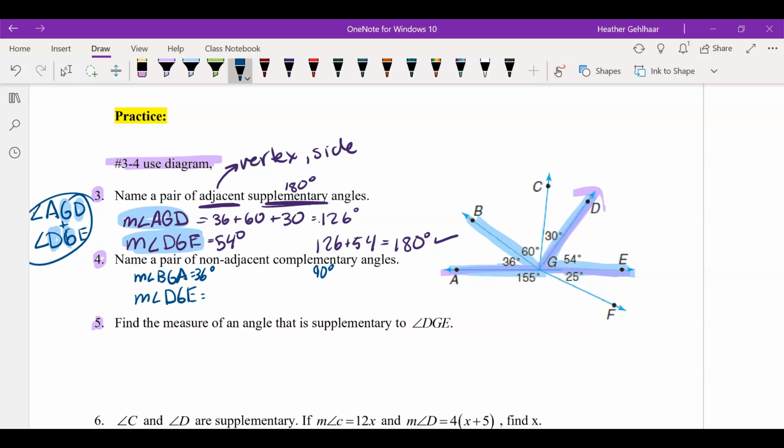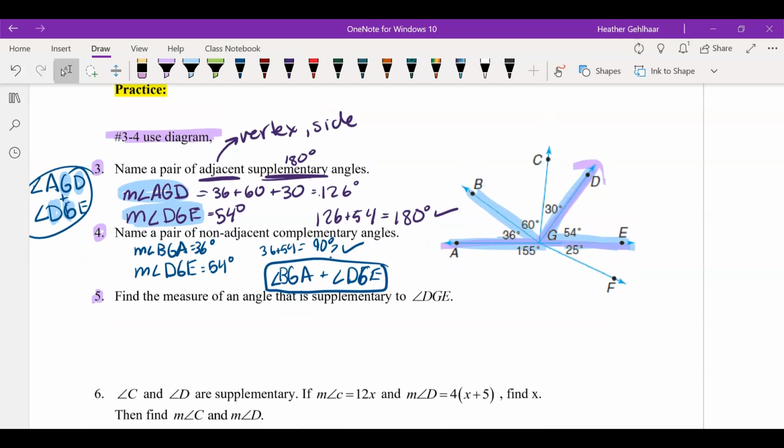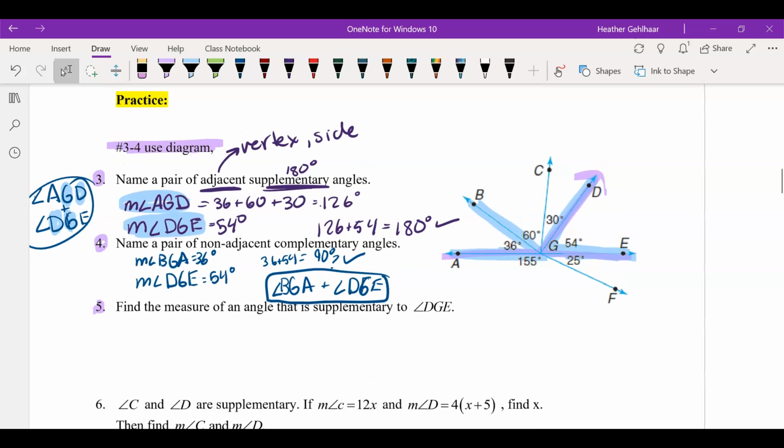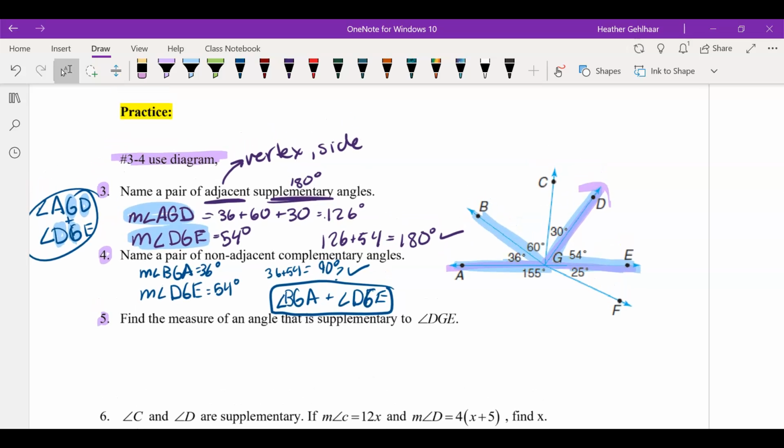It just has to be non-adjacent, and this is 54 degrees. So 36 plus 54, does that equal 90 degrees? Well, yes, it does. So we know angle BGA and angle DGE are non-adjacent complementary angles.